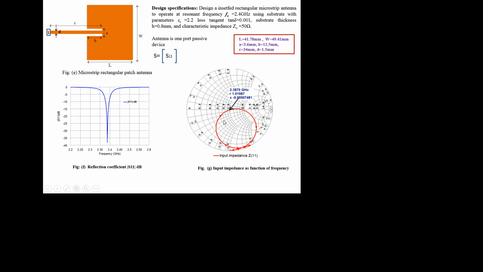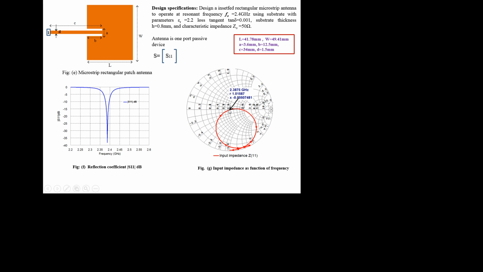This is the impedance plot, the Smith chart. Using a Smith chart we can plot the input impedance, that is Z11, as a function of frequency. You see here, this red circle shows the impedance frequency variation.